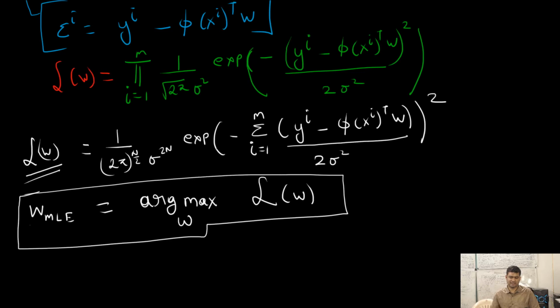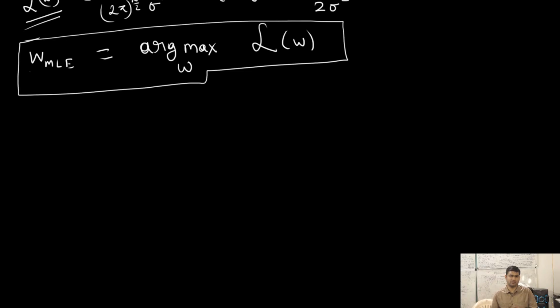Now, as you can see, this likelihood function is a very complicated function, right? So we can simplify it further by taking log on both sides. And log has a very special property that it's a monotonically increasing function.